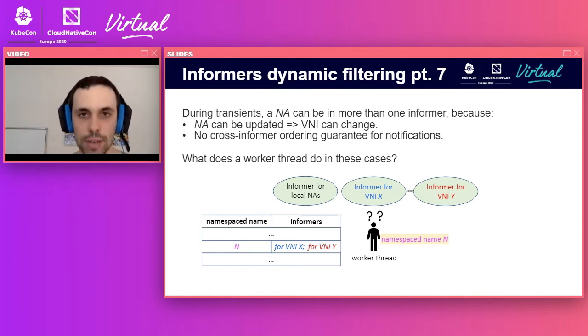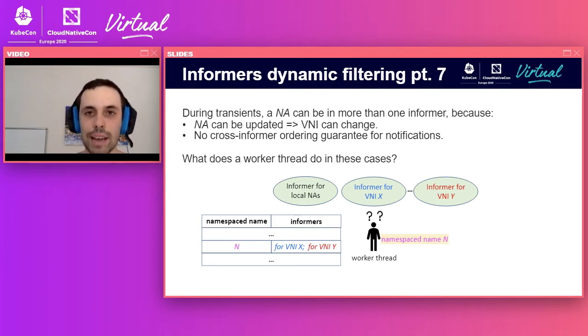Now say that a network attachment that is remote with respect to the node in our example is created and it initially has VNI X, and say that later it is updated and its VNI becomes Y. So for this network attachment, 3 notifications will be received at the node in our example. First, there will be a creation notification at the informer for VNI X, because that was the first VNI of the network attachment.